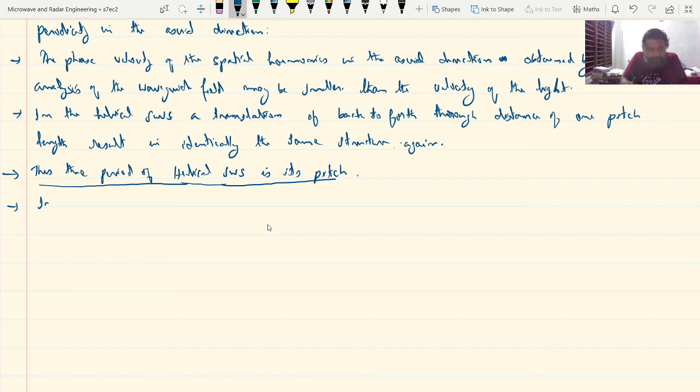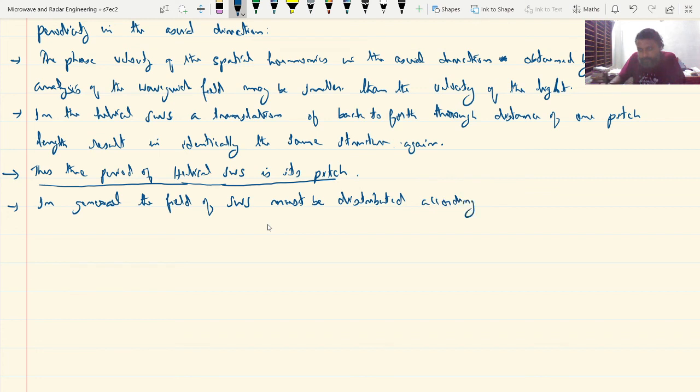In general, the field of a slow wave structure must be distributed according to Floquet's theorem for periodic boundaries. I will explain the theorem also.